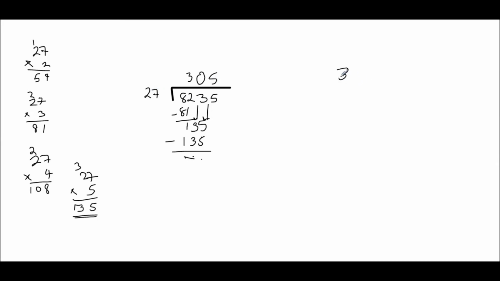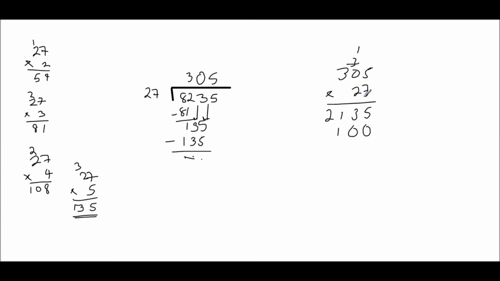Let's double check that. 305 multiplied by 27. 7 5s will give us 35. Put down 5 carry 3. 7 times 0, 0. Bring back the 3. 7 3s would be 21. Moving to the next column. Add 0 as a placeholder. 2 5s, 10. Down 0 carry 1. 2 times 0, 0.